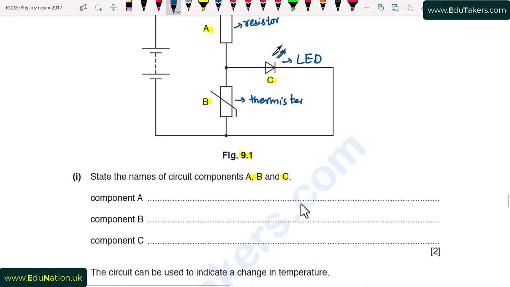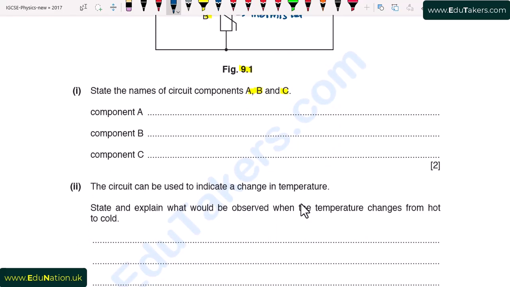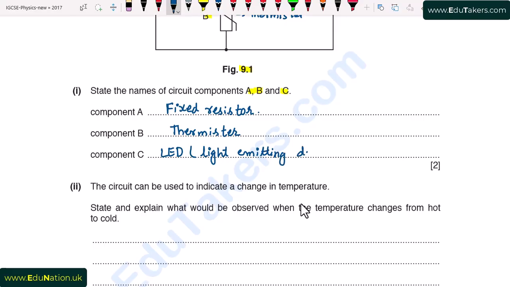I write here, component A is a resistor, that is a fixed resistor. Component B is a thermistor. And C is an LED, that is light emitting diode.